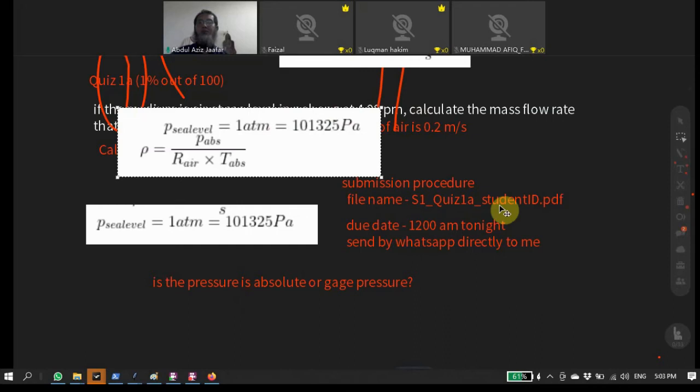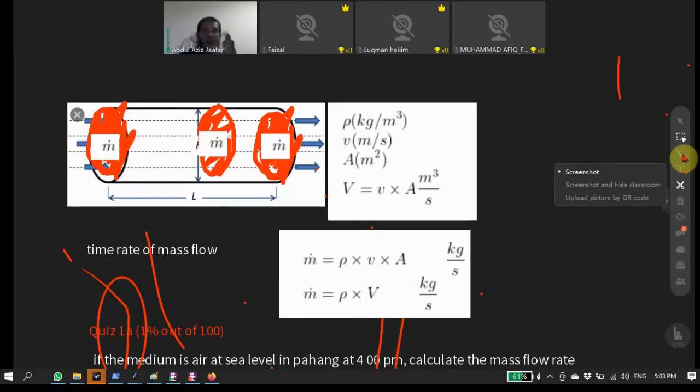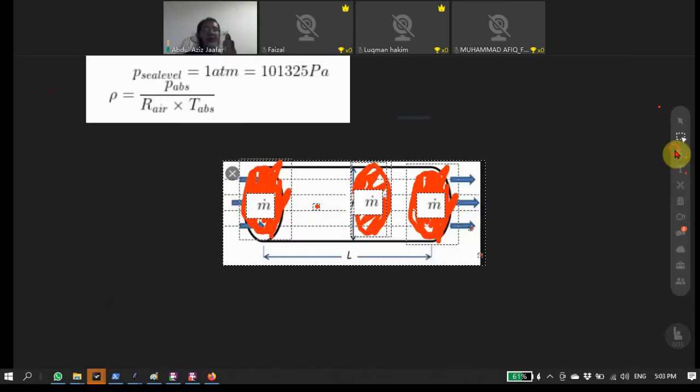Apa equation dia? So this is the equation that you're going to use to obtain the local density of air inside the pipe, right? So this is a local velocity, so local density.